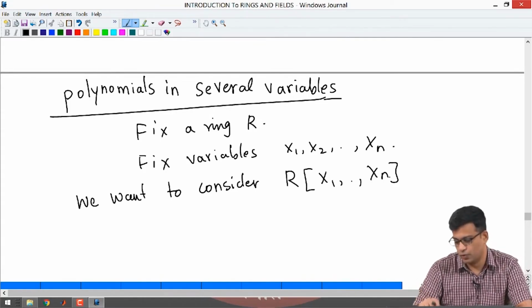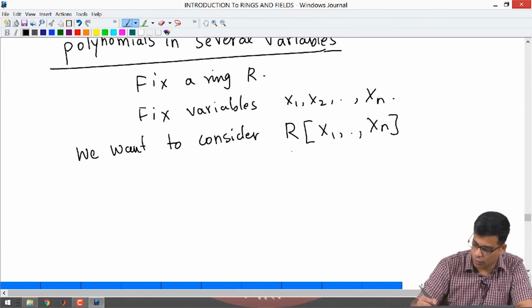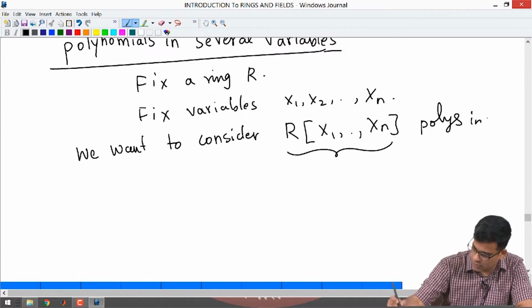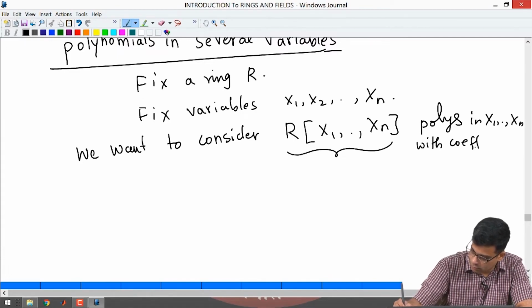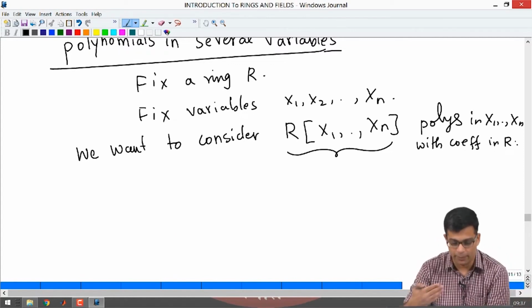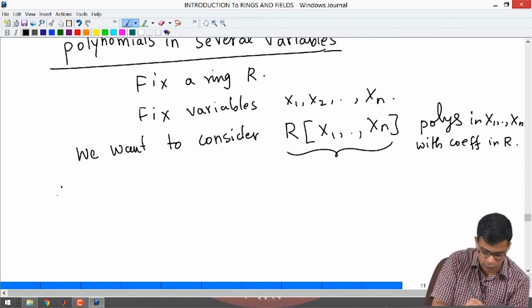Earlier we had R square bracket a single variable x, and now we have n variables. So, these are going to be polynomials in x1 through xn with coefficients in R.